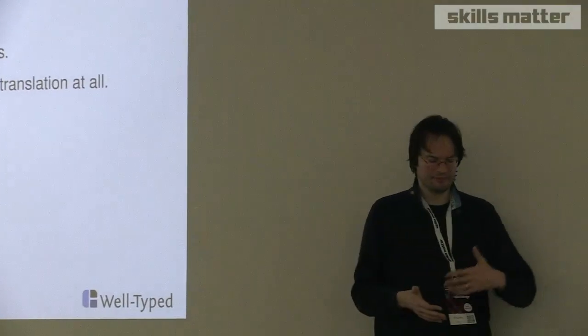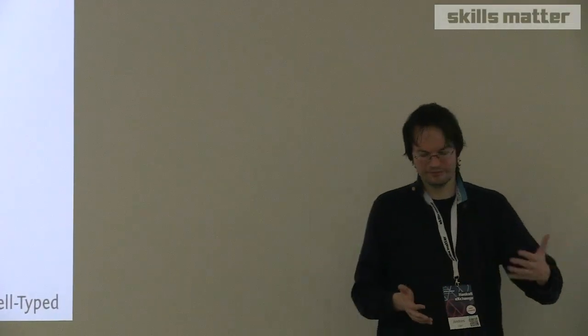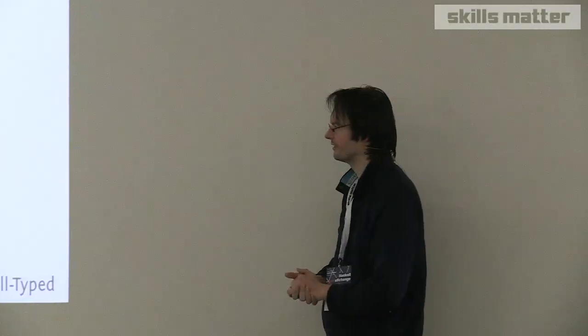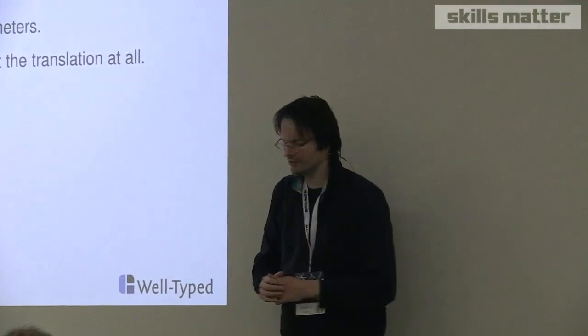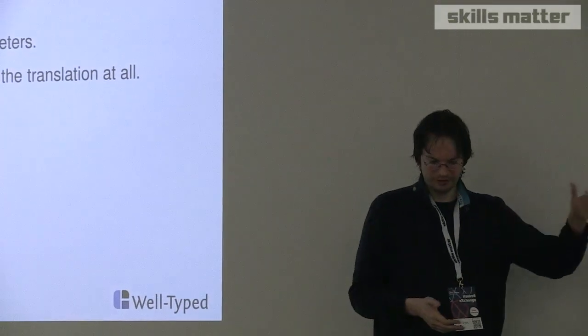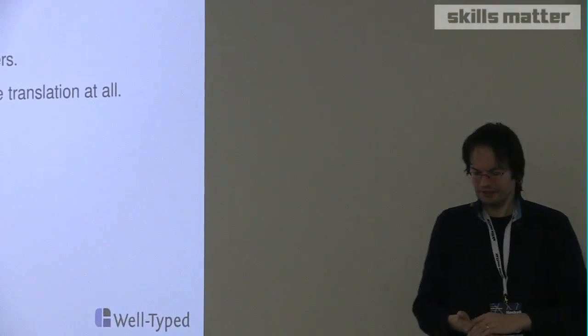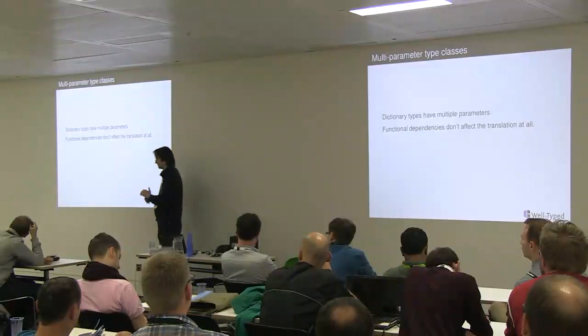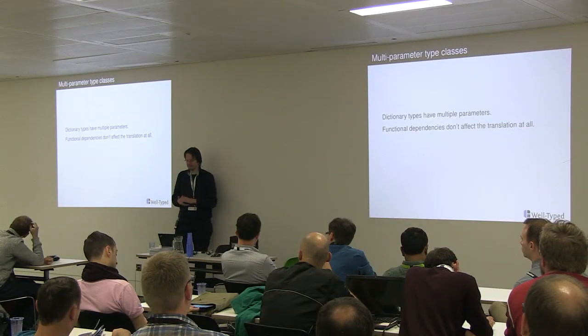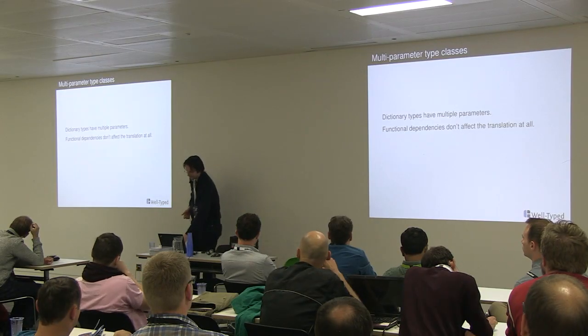Rather than data types that are parameterized by one argument, you're dealing with data types parameterized by many. And things like functional dependencies are purely a restriction on which instances you can define and help the instance resolution algorithm, but don't affect the translation at all.